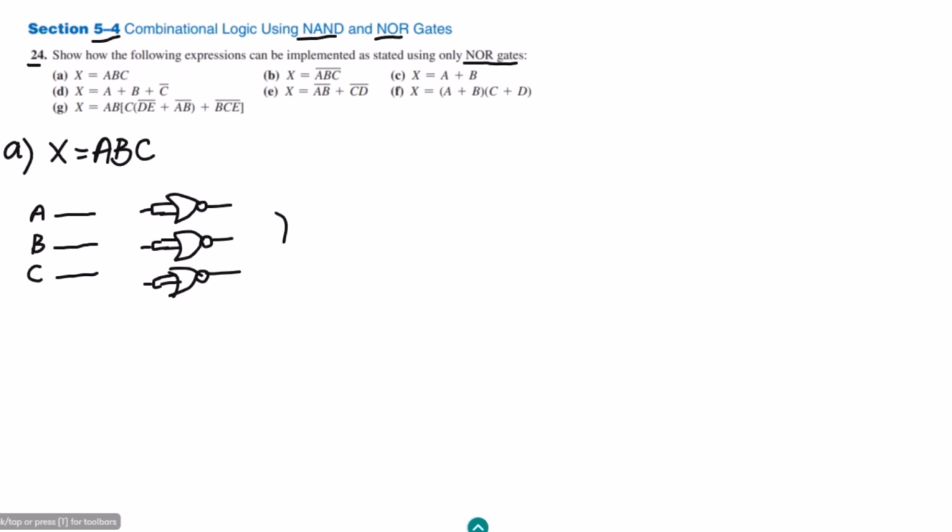After it, these are given to another NOR gate, which is a three input NOR gate, because we have to connect these three outputs from these three gates to it. So this is an AND gate composed of all NOR gates.